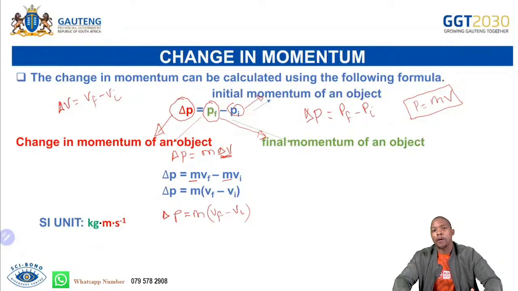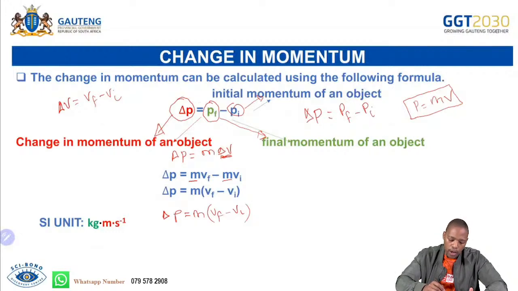Why do I have to go through all of this? It's important that I show you all these formulas, grade 12, because we don't know which one we will need when. We might have to use this one depending on what the question requires, and we might find ourselves having to use this one.